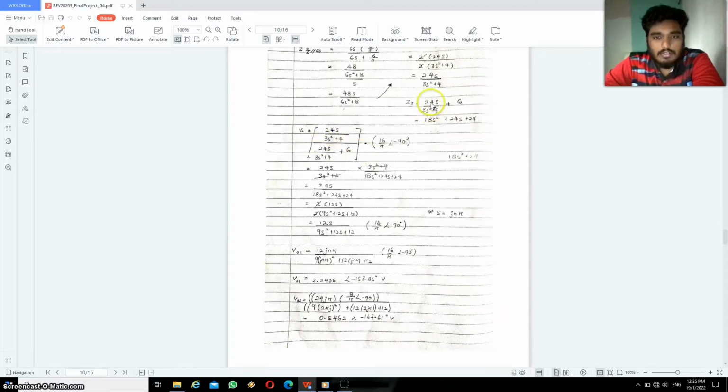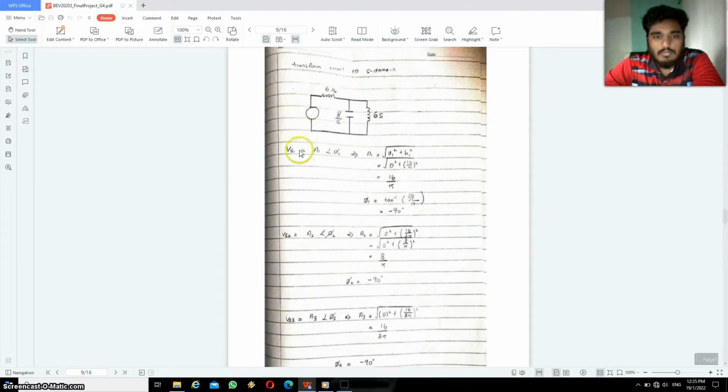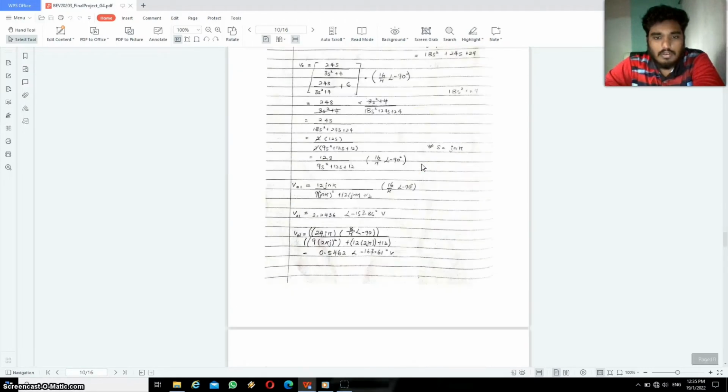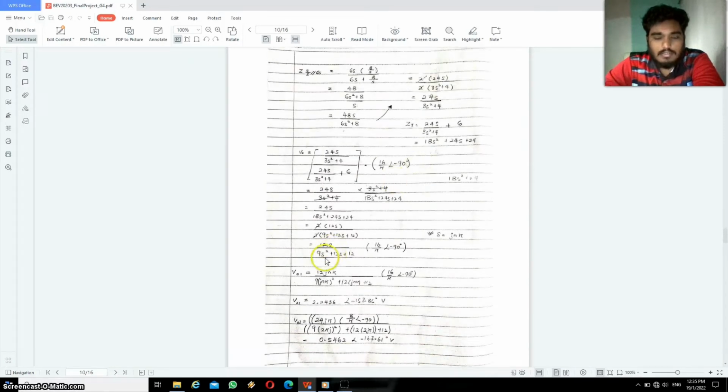So we use the total impedance, the amplitude, and the value of the phasor, which is Vs1, V source 1, which means the value of n is equal to 1. After we calculate, we will get 12s over 9s² + 12s + 12.